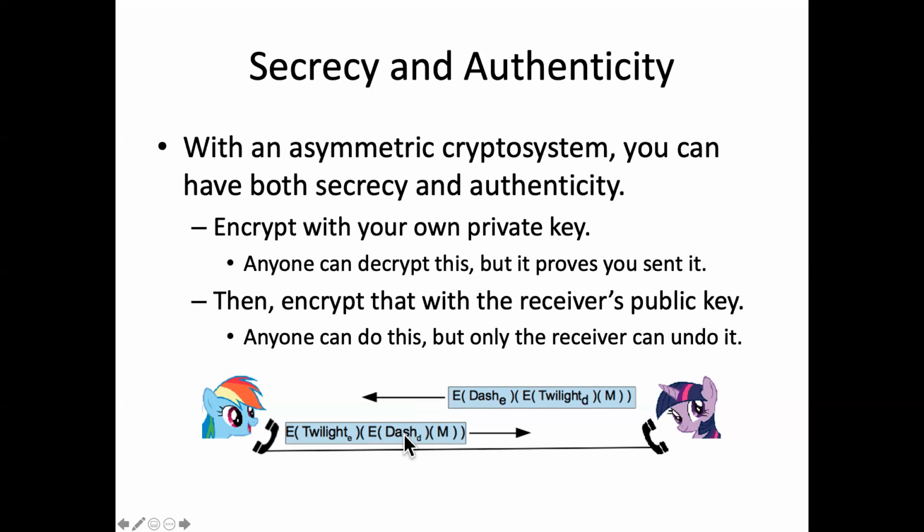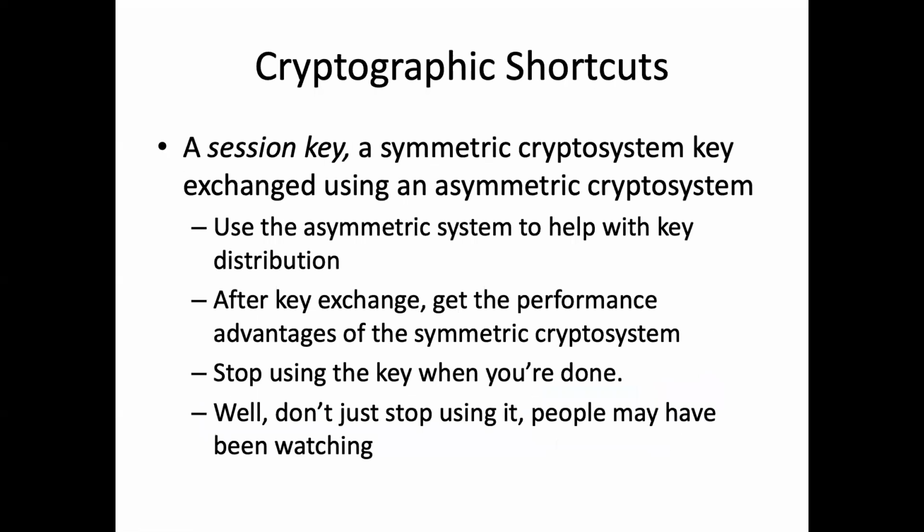But anyone could read that message, so we can fix that by taking the result, which should just be an array of bytes. Encryption works on any array of bytes, so we can encrypt that result with Twilight's public key. Then, if Twilight's doing a good job protecting her private key, only she can decrypt that. And up here, I'm showing the same thing going the other way. So if we're willing to encrypt every message twice, we can demonstrate both authenticity and secrecy in our communication. But it's going to be kind of expensive if we do that.